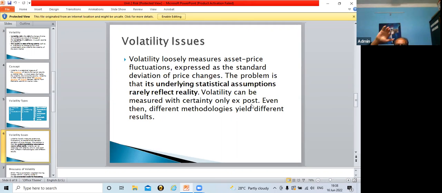So whatever has happened in the past, on the basis of that volatility is measured. Future things many times are unpredictable because of, say, climatic conditions or political conditions. These are the things where we may not have correct information or may have hidden information, and that is why our guesses may be wrong. Even then, different methodologies yield different results.